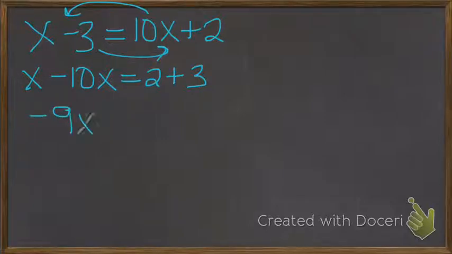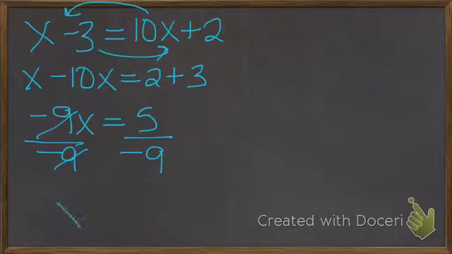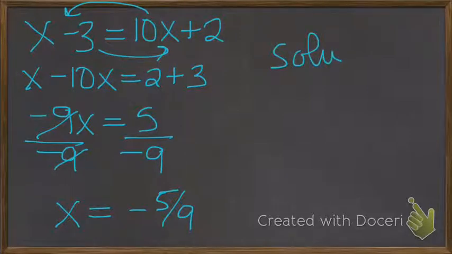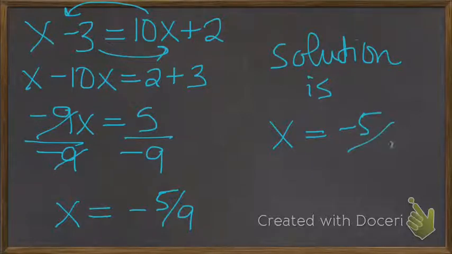We have negative 9x equals 5. Divide both sides by negative 9. Those cancel. x is equal to negative 5 over 9. So the solution is x equals negative 5 over 9.